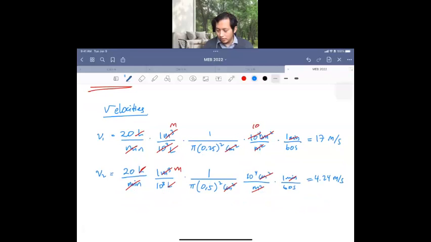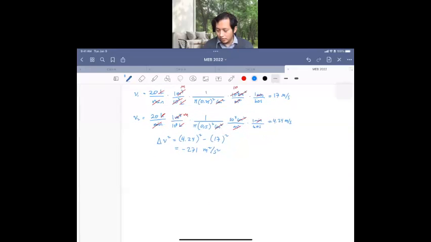We can have the difference for the delta V squared, so we can have 4.24 squared minus 17 squared. So this is 2 minus 1. This will become negative 271 meters squared per second squared.